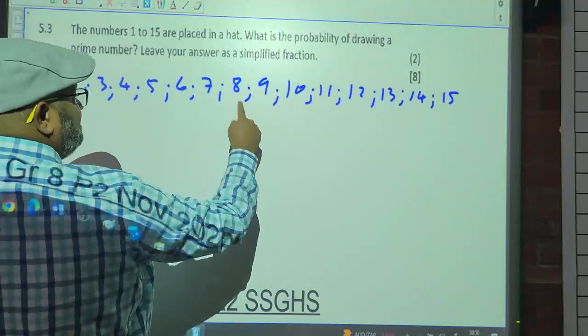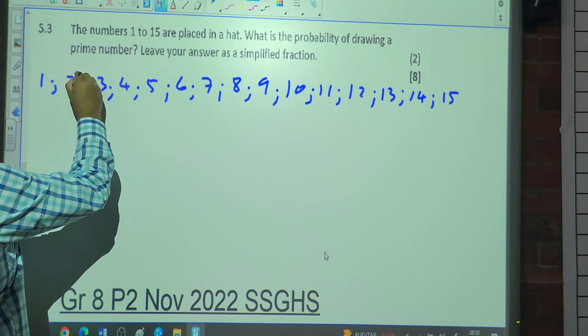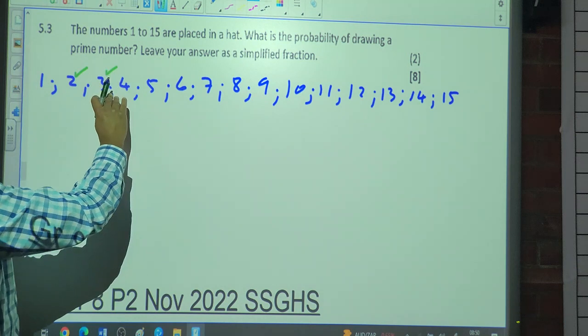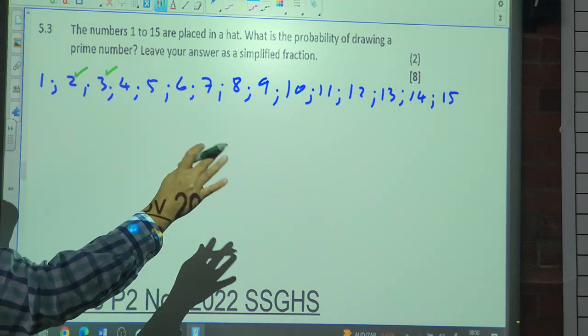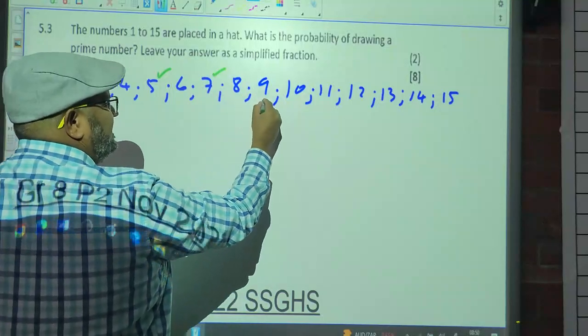How many of those 15 are prime numbers? Is 1 prime? No. 2? 2 is the only even prime number. What are prime numbers? Prime numbers are numbers that only have 2 factors, 1 and itself. Is 3 prime? Yes. 5? Yes. 7? Yes. 9?